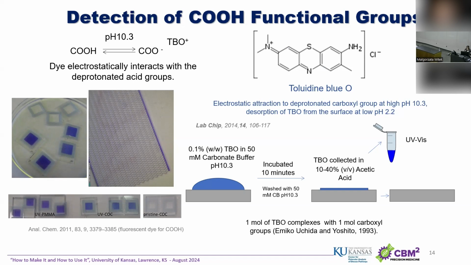If you perform the assay, you can measure colorimetrically the concentration of your TBO in solution, and that will be indicative of the number of moles of the COO- functionalities on the surface of a microfluidic, of a thermoplastic.